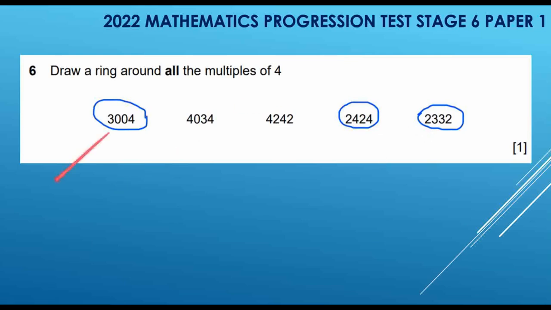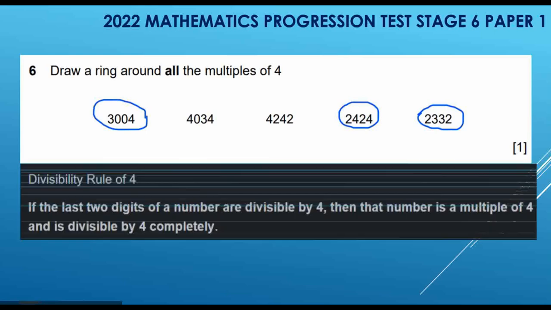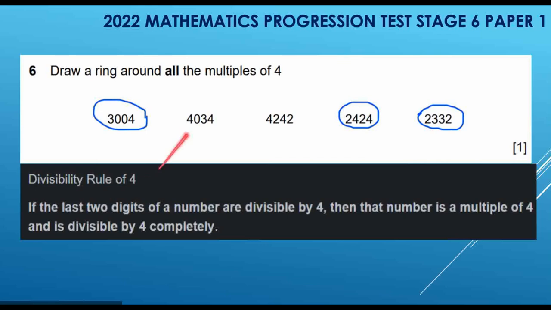We got 3 answers. Let's see how we got them. Here's the explanation. Divisibility rule of 4: a number is a multiple of 4 if its last 2 digits are divisible by 4. So we check the last 2 digits.